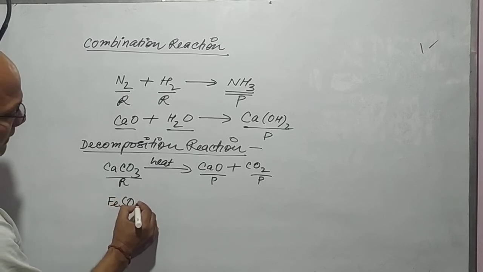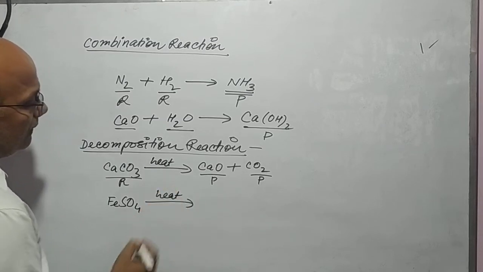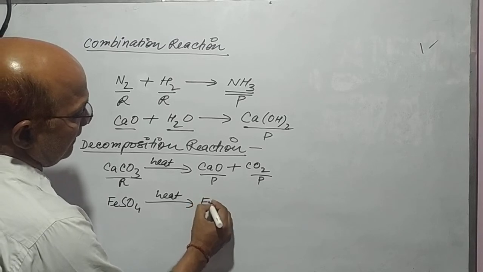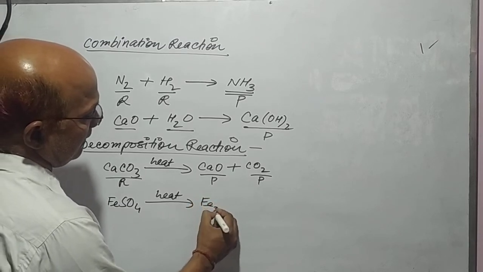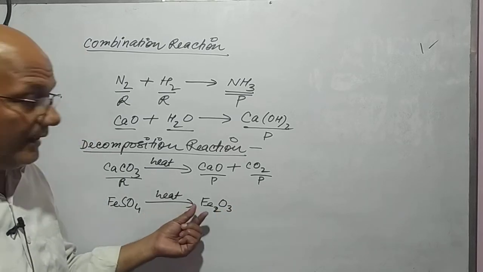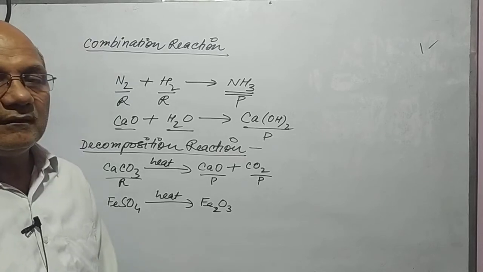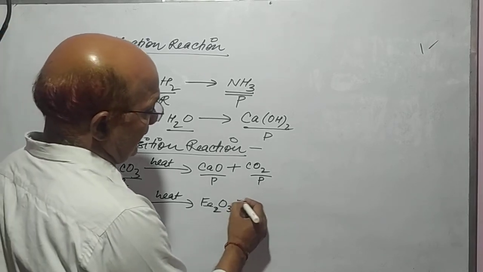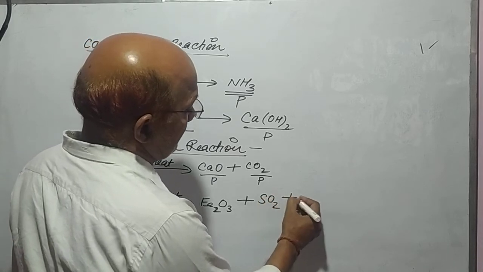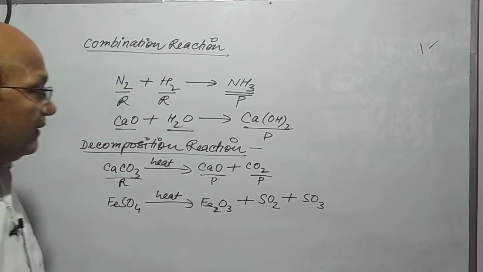Ferrous sulfate, when it is heated, it gives Fe2O3. It is iron(III) oxide and it is a reddish brown colored substance, and along with this sulfur dioxide and sulfur trioxide gases are released.